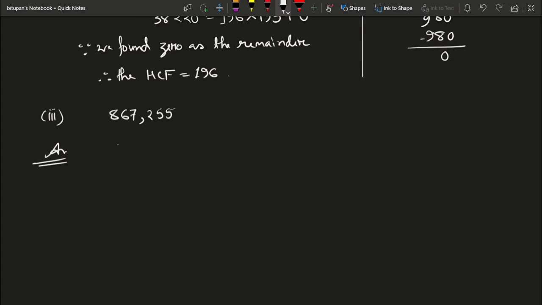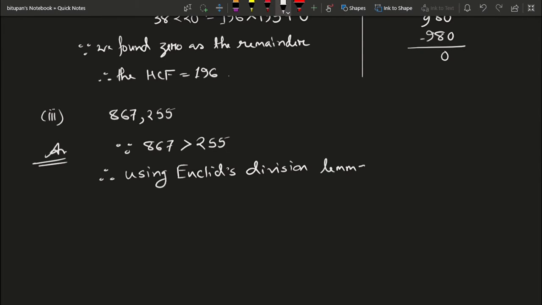At first we will write, since 867 is greater than 255, therefore using Euclid's division lemma, we will write 867 in the place of dividend, and then we will write 255 in the place of divisor.